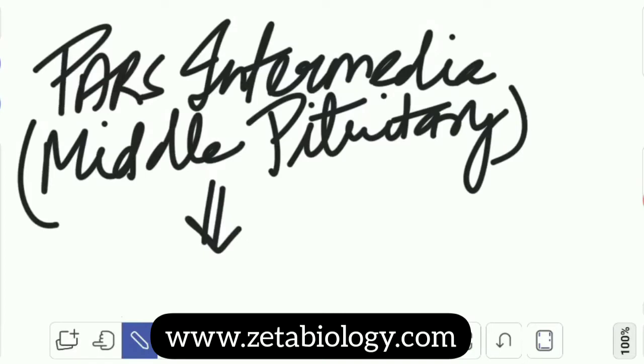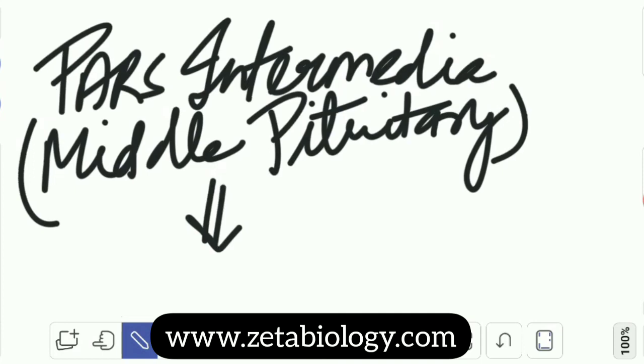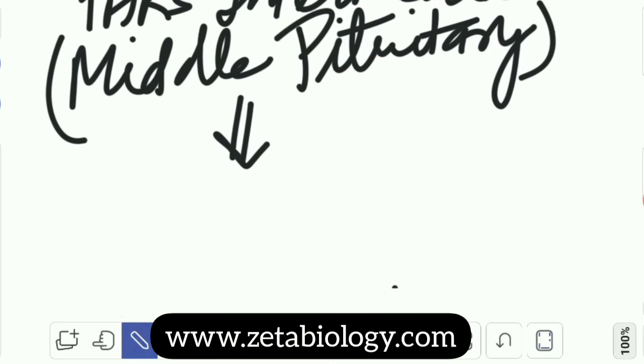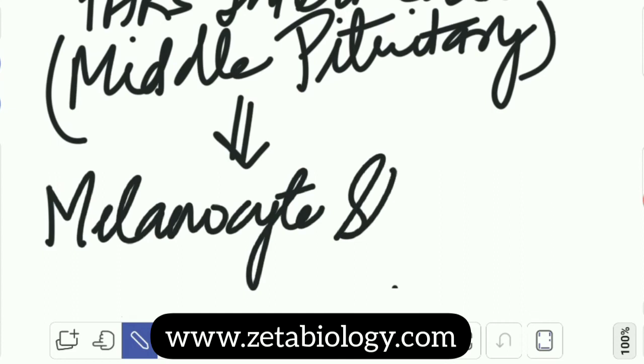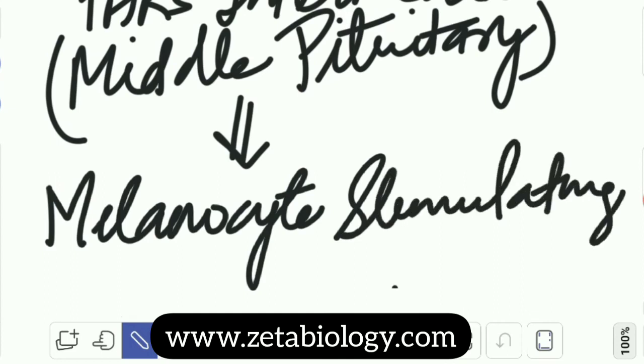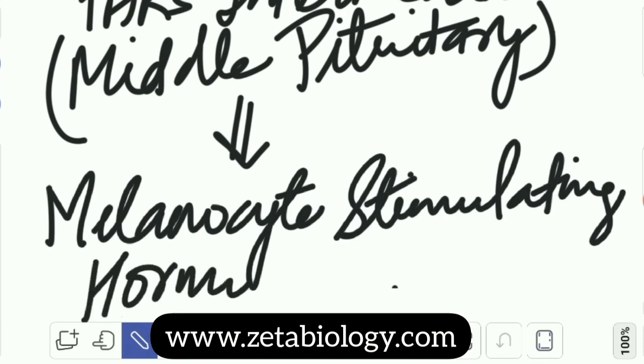So the pars intermedia, also the middle pituitary, only releases one hormone, and that is melanocyte stimulating hormone, or MSH in short.